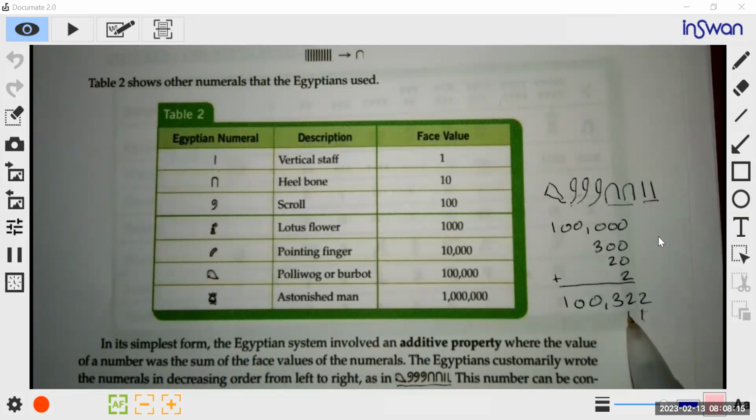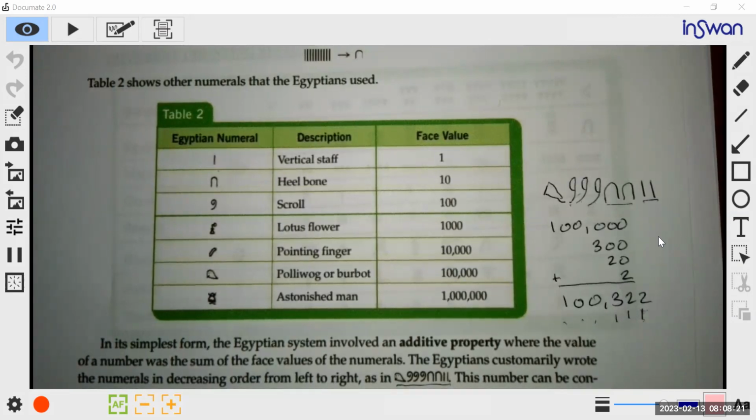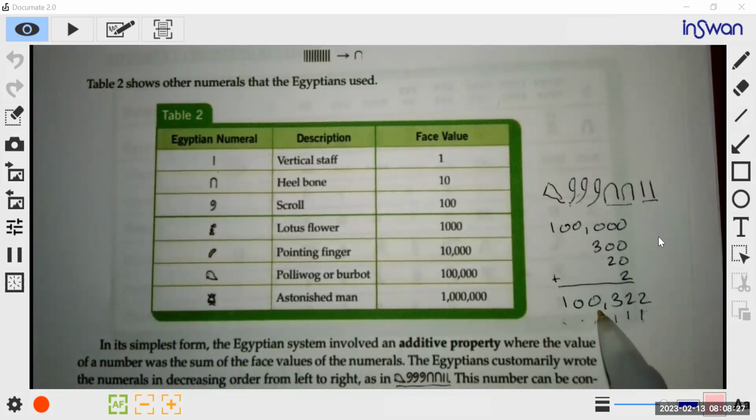The ones and this, and then so on and so forth. That became the next big invention, the placeholders. If I have a number here, what does that mean? That means I have whatever number this is. For example, if I had, that means I had 3 1000s, 2 100s, 1 10, and 1 1.